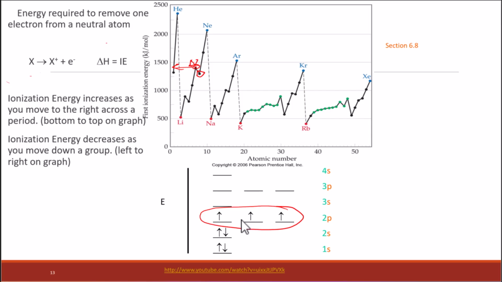Okay, oxygen, which has this electron configuration, if you remove this electron, you get a half-filled shell, which is more stable. So it's a little bit easier to remove this electron from oxygen's valence shell than it is from nitrogen, in which you had a half-filled shell. When you have oxygen and remove that electron, you go back to a half-filled shell. So it's a little easier to remove that electron. Okay, let's move on.